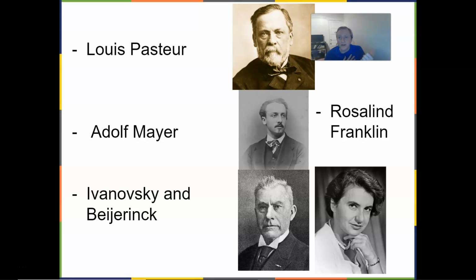And then he took some of the serum from one of those rabbits and injected it into a boy that had rabies, a boy that was going to die if they didn't do something. And because of his intervention, by giving the boy the attenuated virus, it helped his adaptive immune system, which we're going to talk about later on, prepare itself so that it could fight off the full deadly rabies virus that he was also infected with.